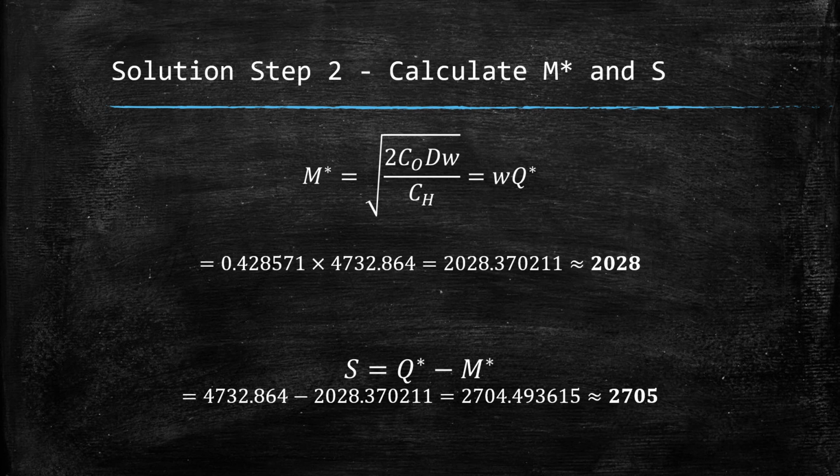For the shortage quantity S, we subtract M star from Q star, and the result is 2704.49, so approximately 2705. This shortage quantity represents the maximum amount of unmet demand we can tolerate before the new order arrives.